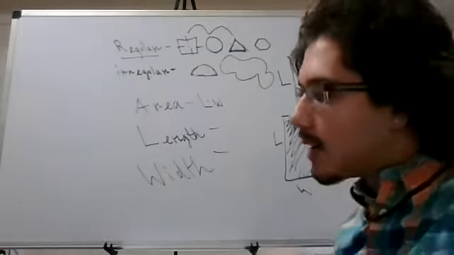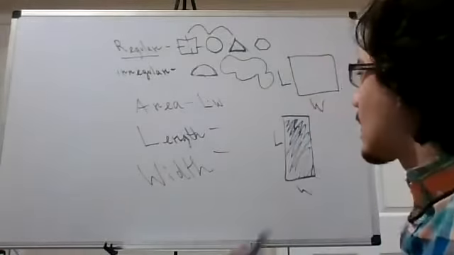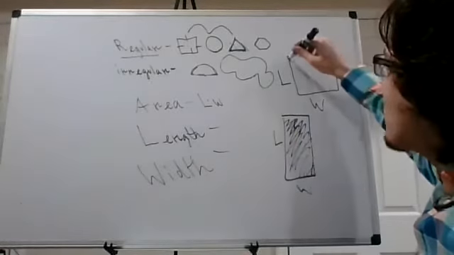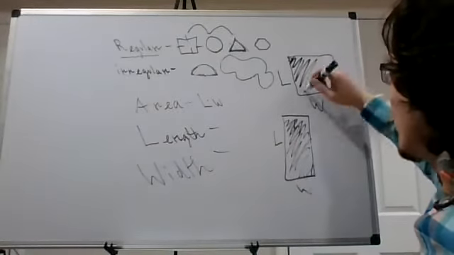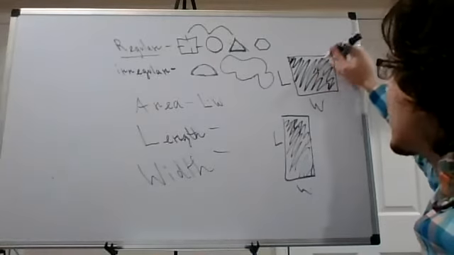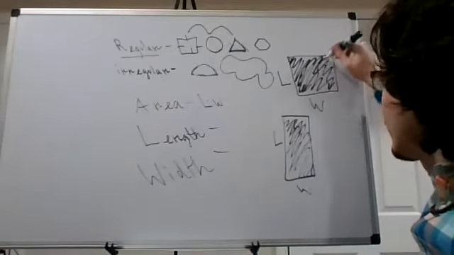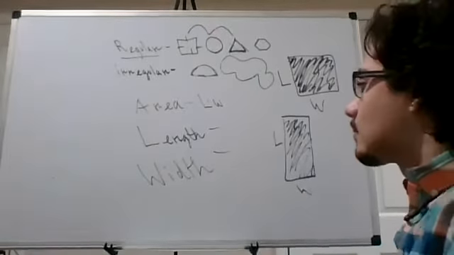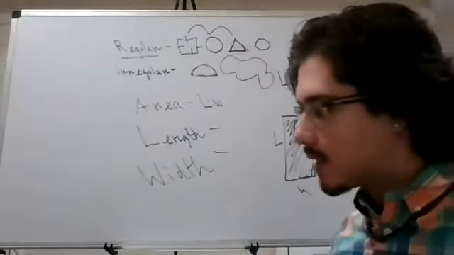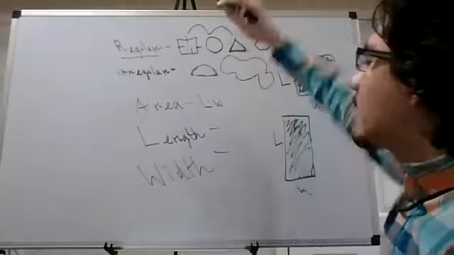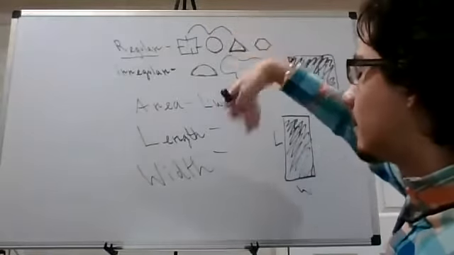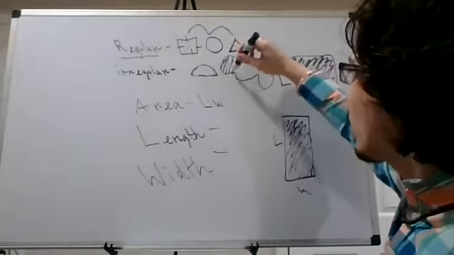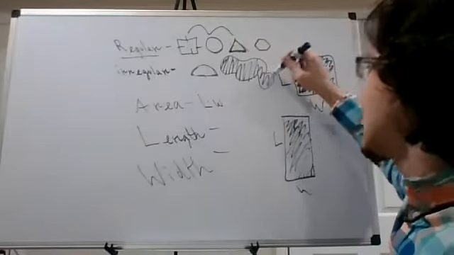So what area is, in this context, length times width, is how much this shaded region is. It's how big it is. If you had a flat surface, like this whiteboard, you would say, how much of the whiteboard does this take up?